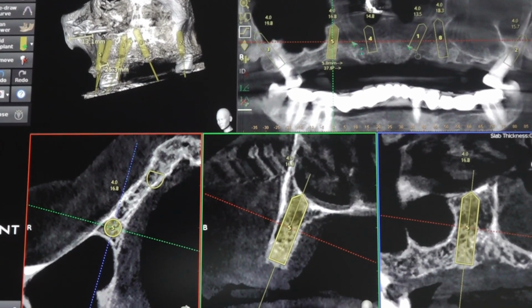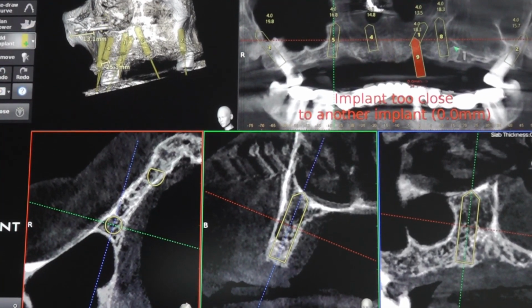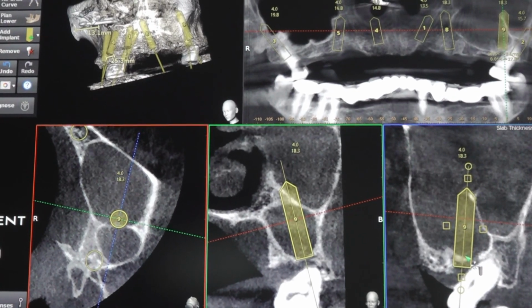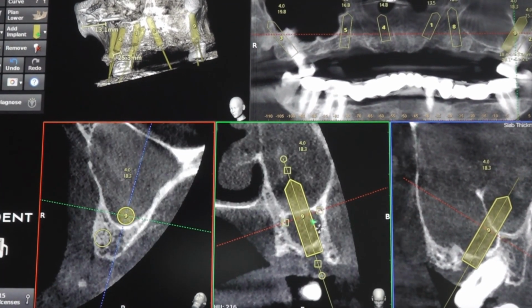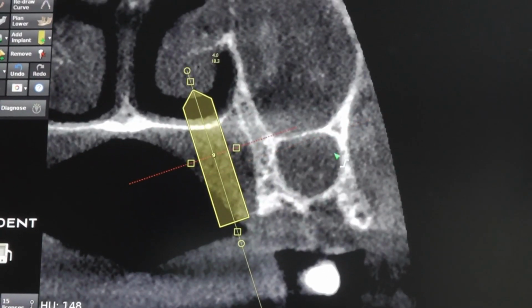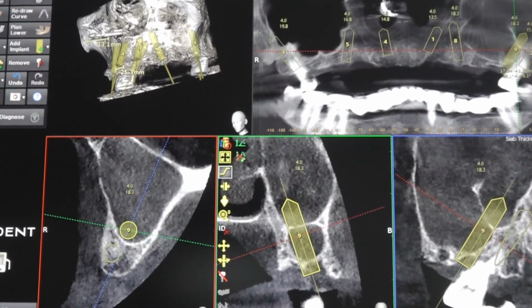From here to here, the sinus occupied. From here to here, the sinus occupied. There is some septum we are seeing here, right? You can see that, no? Sinus septum is there, but it is not of use for us.